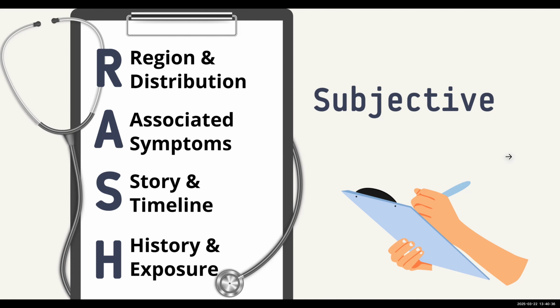I'm exposed to plants and chemicals. I have had no recent medication changes. I did apply a moisturizing lotion, but I didn't see any improvement. So as the patient is telling you the story, you're categorizing it now in terms of the mnemonic. So that's how a subjective template can play out verbally in real life.